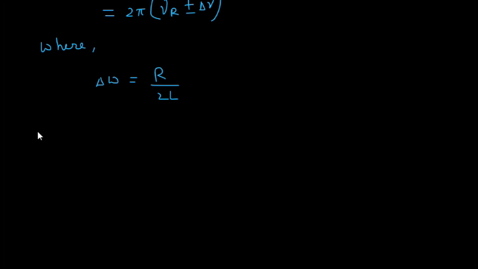Put the values of R and L, so we get 23 upon 2 multiplied by 0.12, which is equal to 95.83 radian per second.